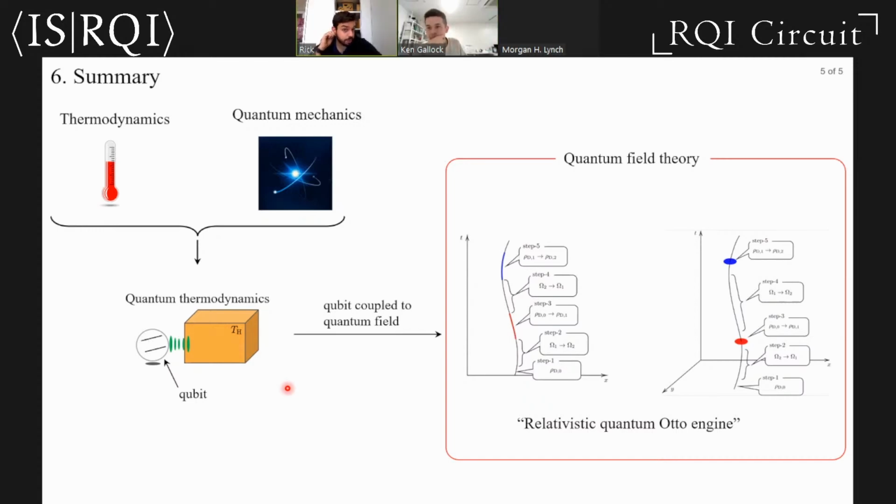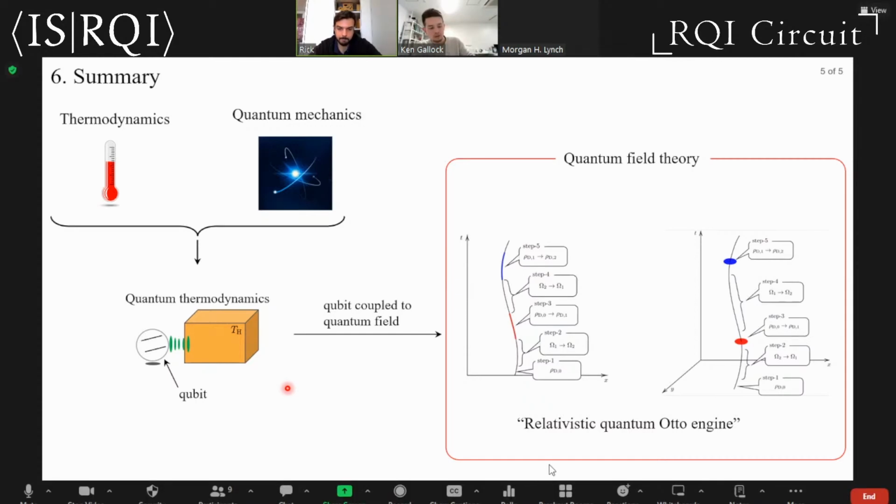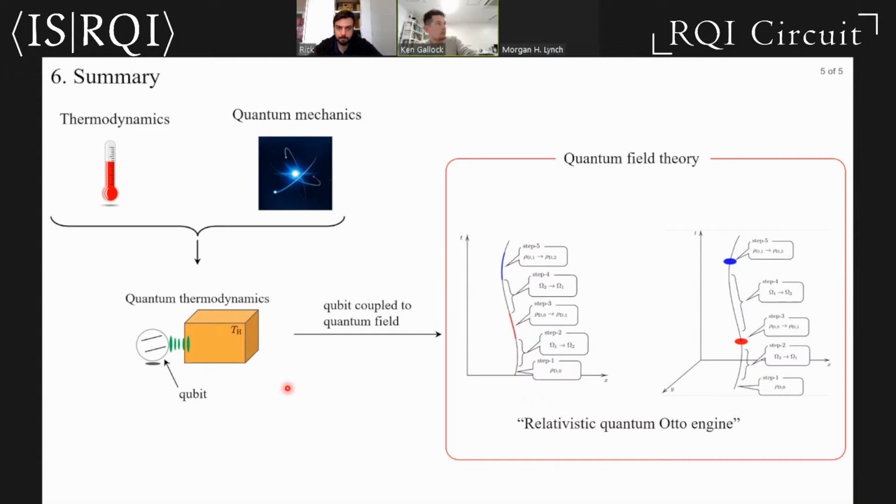Yes, but then it's going to depend on many things. It's going to depend on which operator you couple to, on how long you couple for, on the energy gap. So basically my question is whether your results depend on, because you're varying the energy gap in order to implement these things, whether you couple to the field or to the momentum in this case. Well, it definitely depends on the way we couple to the field.